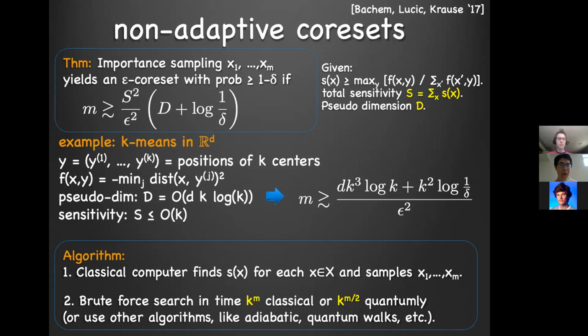Go ahead. I was just wondering, can you get smaller core sets if you don't care if they're accurate on all models, but you only care that they're accurate on models that fit the data fairly well? Right, very good question. I was saying all models because I'm thinking about both maximum likelihood and Bayesian estimation.